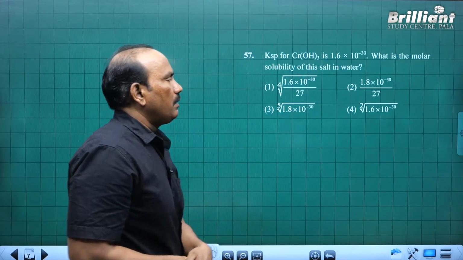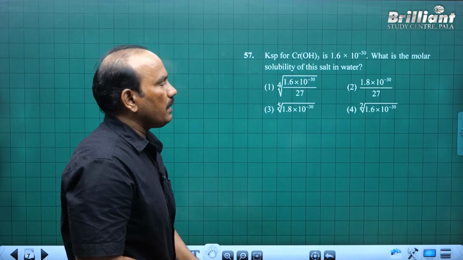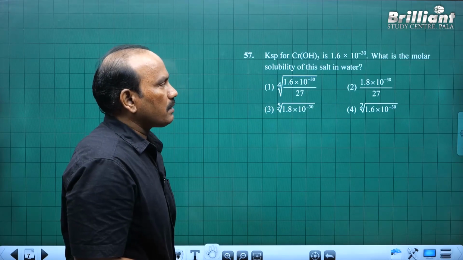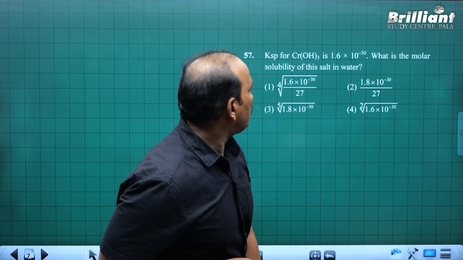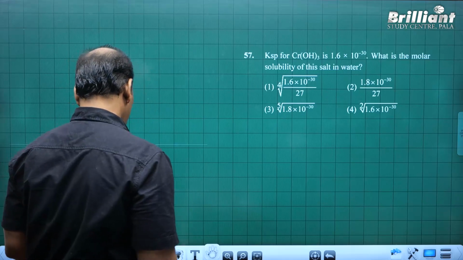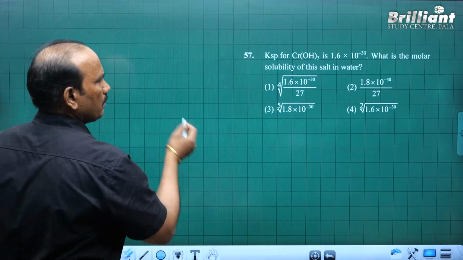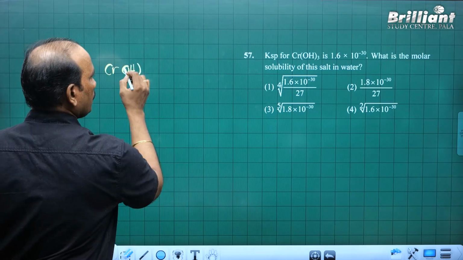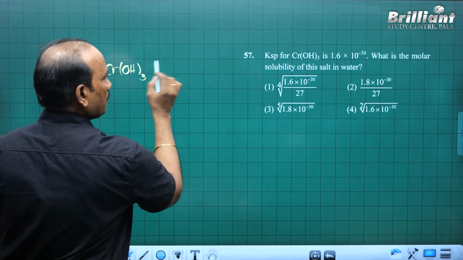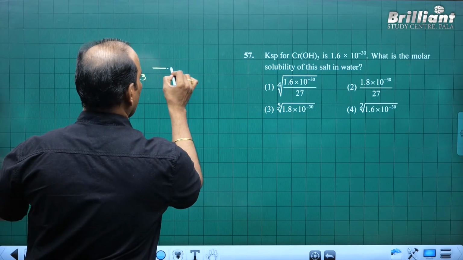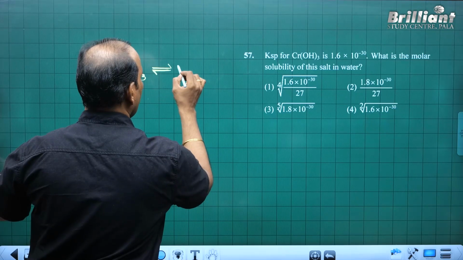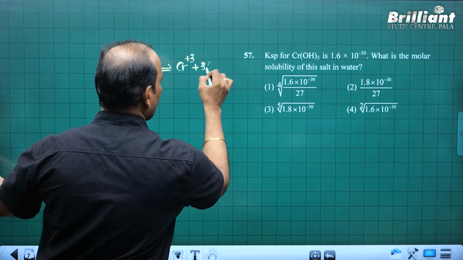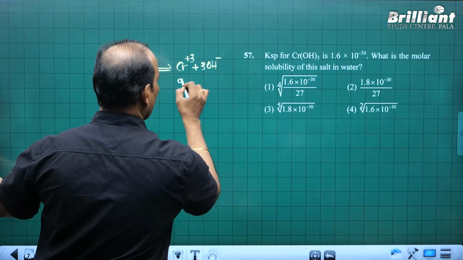Ksp of Cr(OH)3 is 1.6 into 10 power minus 30. Then, solubility is a normal question. Cr(OH)3 gives rise to Cr +3 plus 3 OH minus.